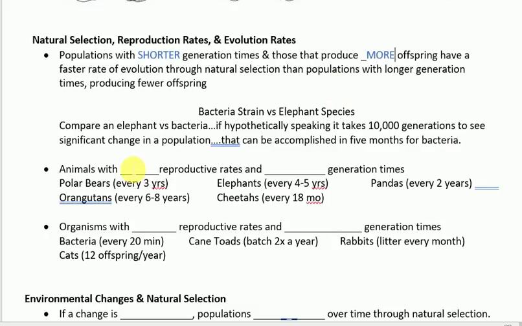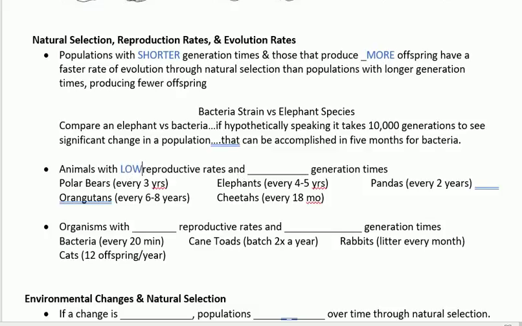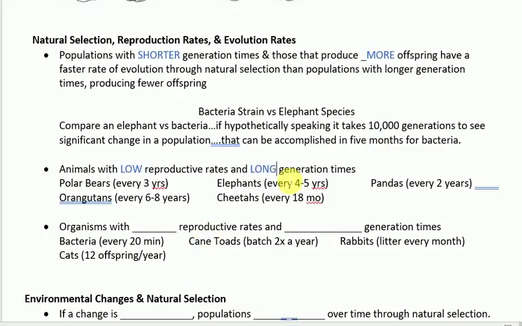So those animals with low reproductive rates and long generation times, they're going to be very slow to evolve.